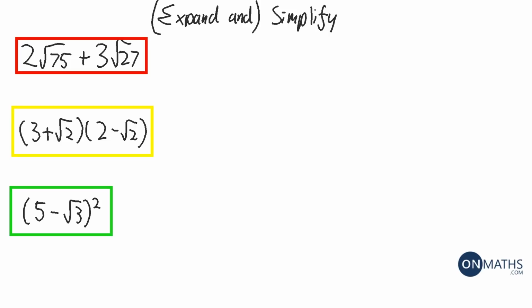Okay, so these three questions kind of look a bit algebra-like, and the ways we deal with them are pretty much the same as you would with algebra, but this time we're using surds, not letters. So the first one, now I notice that root 75 can be split up.